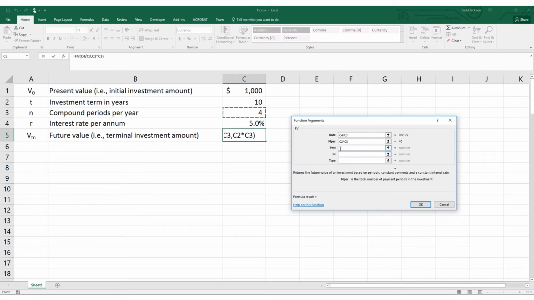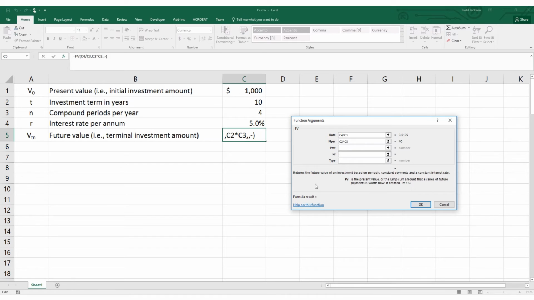Since we're not doing an annuity, let's leave the payment field blank. But the present value, we do have that as $1,000. Now, one thing we'll remember here, like we saw when using the financial calculator, we have to take a cash flow perspective in that we're going to take $1,000 today and essentially buy an investment. So that's a cash outflow, a negative cash flow.